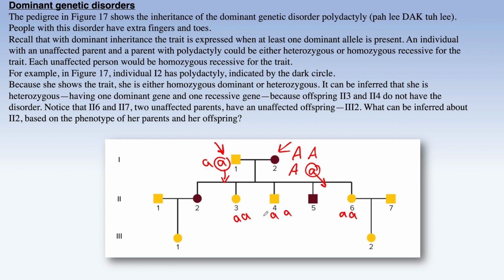The homozygous recessive. But 2 and 5 also took the recessive allele from their dad, but unfortunately, they took from their mom what? The dominant allele. So they are heterozygous, but their phenotype shows the disorder. Why? Because it's an inheritance of a dominant disorder.